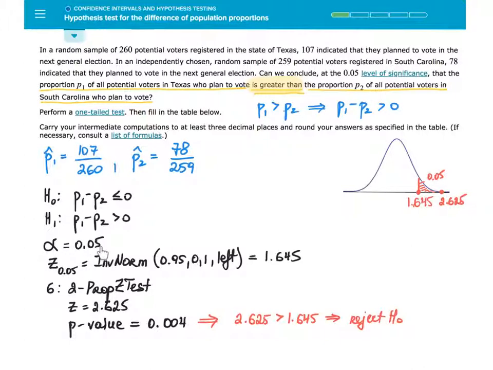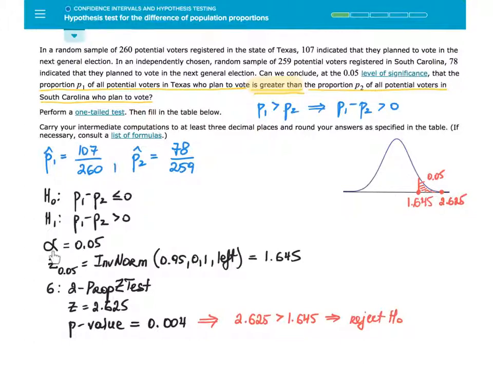Alpha is 0.05, and I'm going to need a critical value because this particular question on ALEKS is asking us to use the critical value approach to solving this problem. So I need to know what is the z-value that separates 5% in the right tail from 95% on the left side of that critical value.